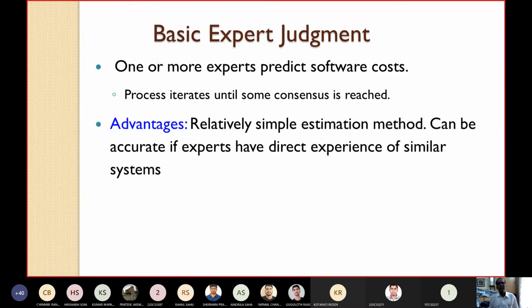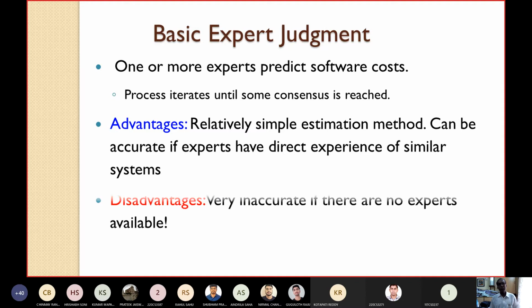The advantage of the basic judgment technique is that it's very simple. It can be accurate if all the experts have direct experience of similar systems. So if the experts you have taken, maybe project managers, have direct experience of similar systems, then it is very advantageous, and the estimation will be very accurate.